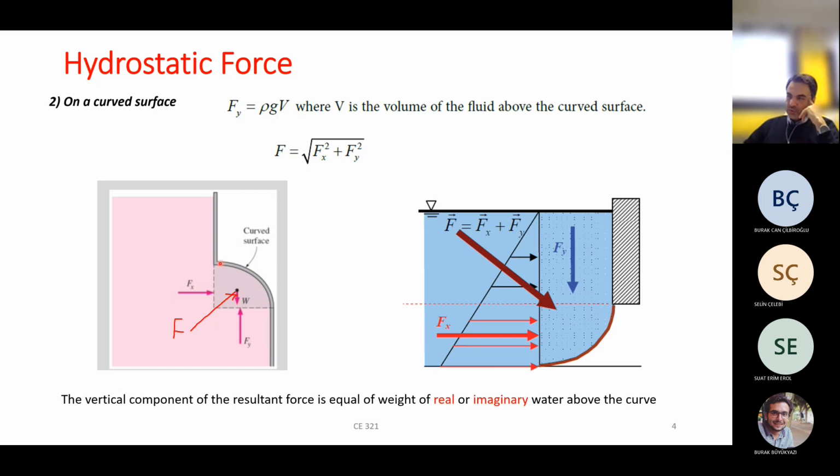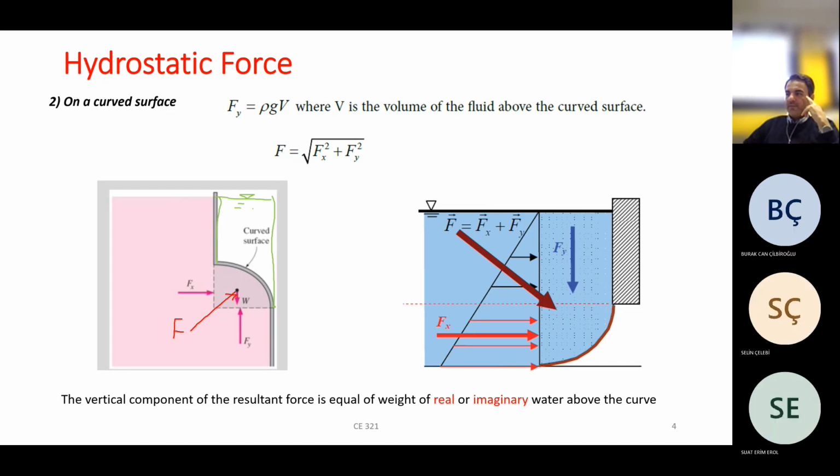For Fy, I told you should find the weight of the water above the curve. This is my region above the curve up to the water surface. Let me show you in this way. My curve starts from here and ends at this point. Therefore, this is the water level. So I have an imaginary water. I assume there is imaginary water here, and I have to find the weight of this water to calculate Fy.